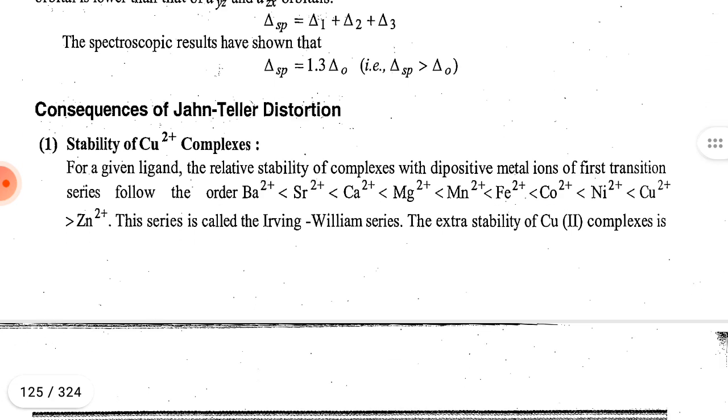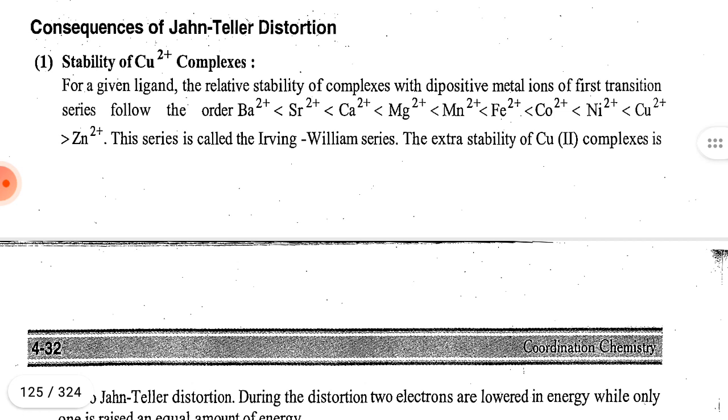Delta SP is equal to delta 1 plus delta 2 plus delta 3. The spectroscopic results have shown that delta SP is equal to 1.3 delta 0, that is, delta SP is greater than delta 0.